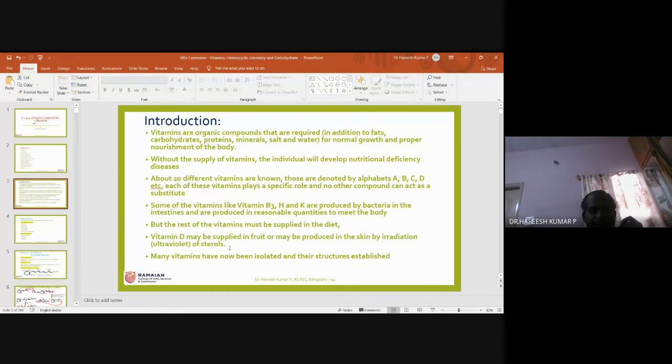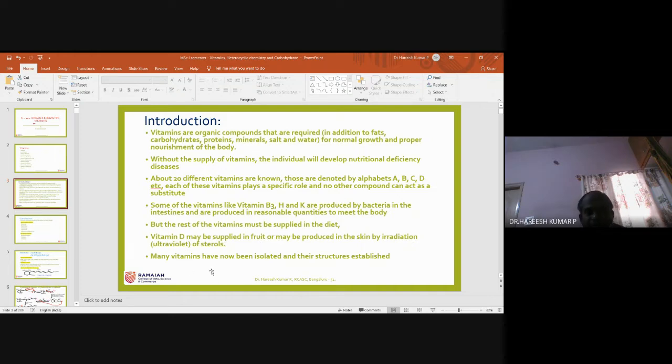In adults one can end up with osteoporosis. It's bone related. Anyway, let's not go into too many details. What we need to note is that vitamin D is synthesized when our skin is exposed to sunlight.